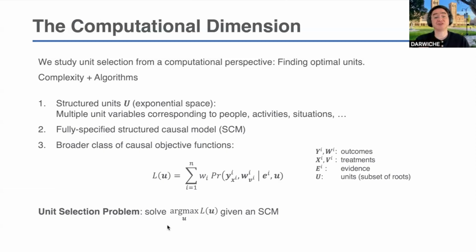Find me an instantiation of them that optimizes this particular quantity. Clear, well-defined problem. We will put it at the same level of other standard queries that have been treated for decades. Now, just to give you a sense of how expressive this particular class of objective functions is, I'll show you some concrete examples next. And by the way, this part of the talk is described in this paper that just appeared in the CLeaR conference recently.